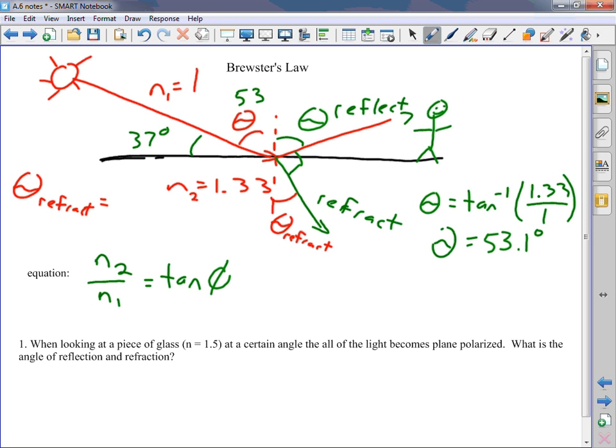How'd you get it? 37? 53? No to both 37 and 53. 180 minus 90. Yes.